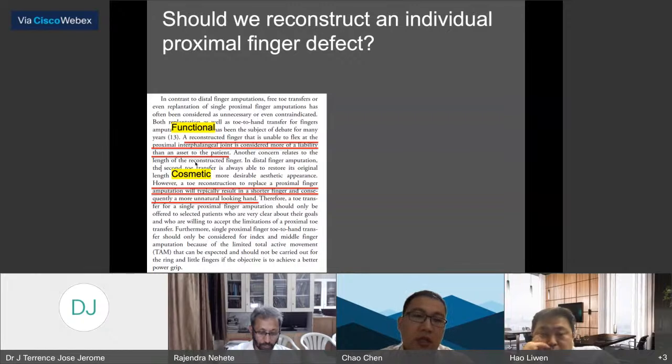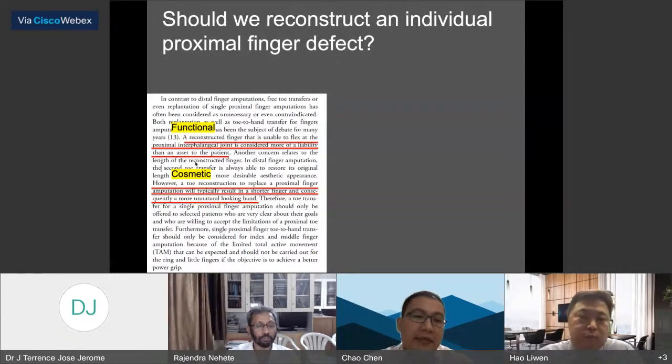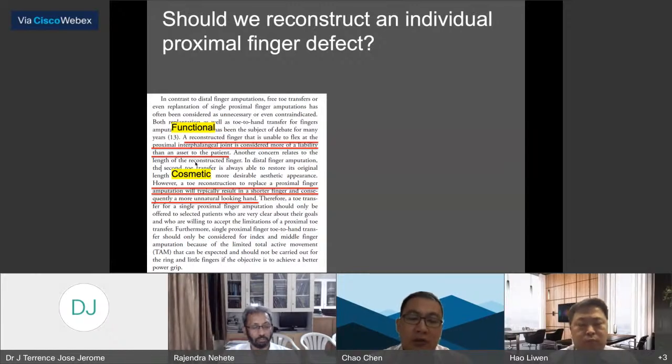And another aspect is cosmetic, because the traditional toe-to-hand transplantation, a toe to replace a finger, will typically result in a shorter finger and consequently a more unnatural looking hand. So I think it's reasonable that it should be a contraindication for when we use a total hand transplantation.